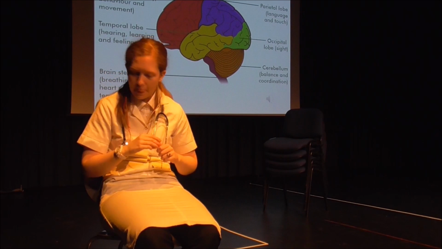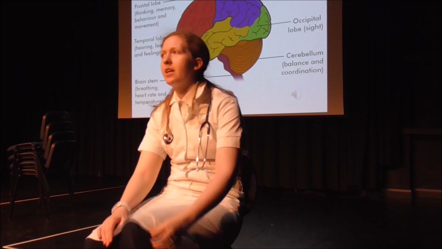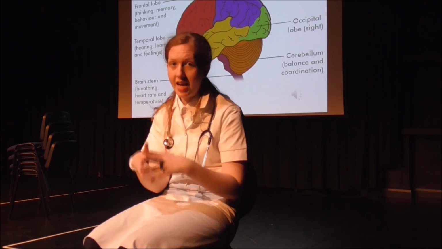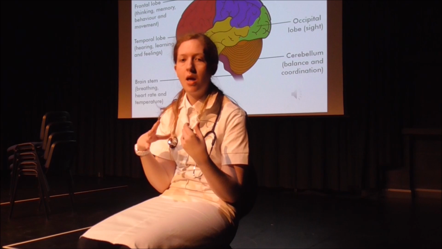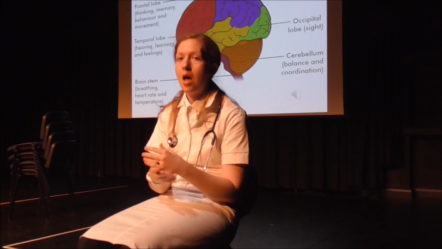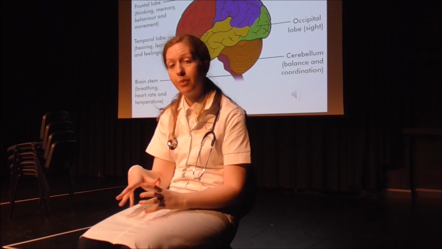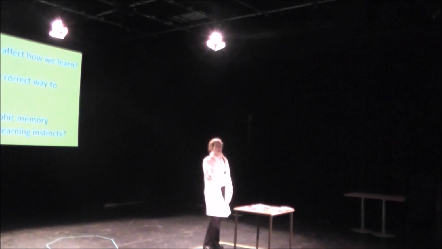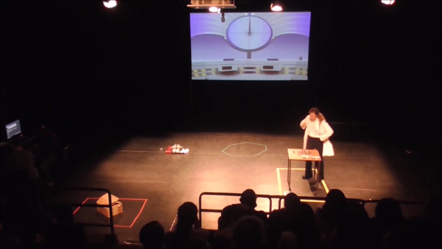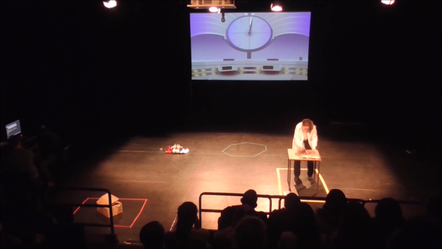My thinking behind the different tests was to do with the actual physical understanding of the brain and the properties that each part of the brain works. So obviously for the temporal lobe, it is learning and thinking and feelings, and it is mainly where you learn your more arbitrary skills, how to walk, how to talk, how to write, how to colour.